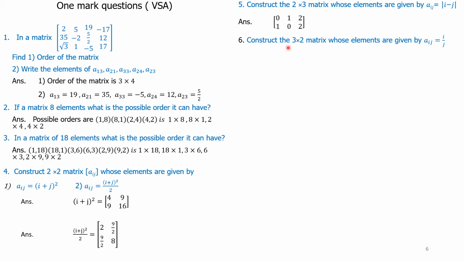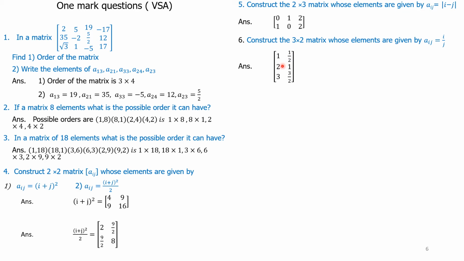Construct a 3 by 2 matrix whose elements are given by Aij is equal to i by j. For each element you have to put i and j values, 1, 1, then 1, 2, then 1, 3 like that. For example, A11: i equals 1, j equals 1, so the result is 1. For the first row, second item, i is 1, j is 2, hence i by j is 1 by 2.